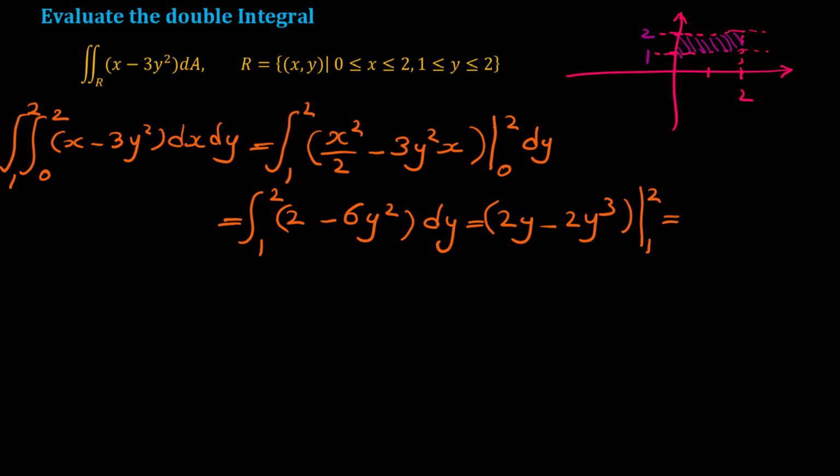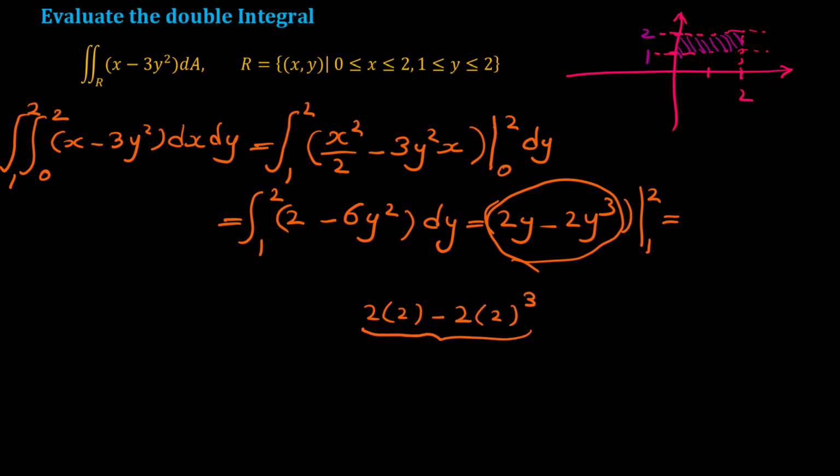If we plug in 2, we have 2 times 2 minus 2 times 2 to the power of 3. This is 4 minus 16, which is negative 12.